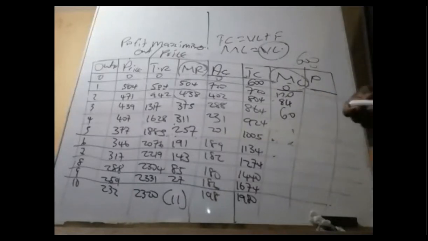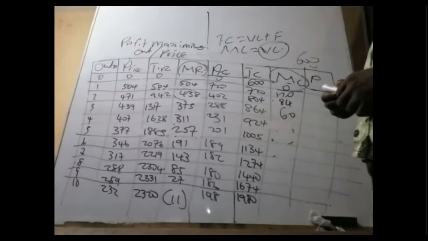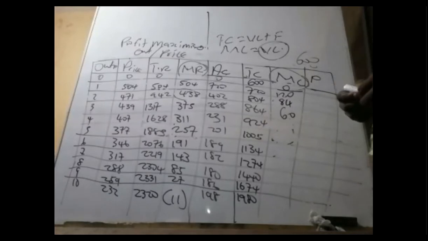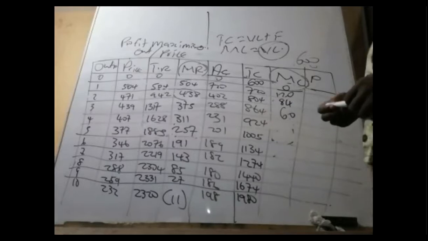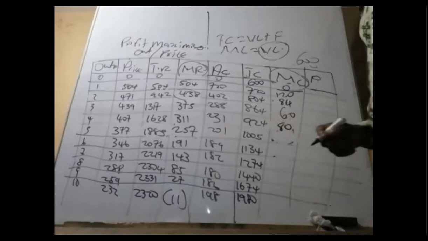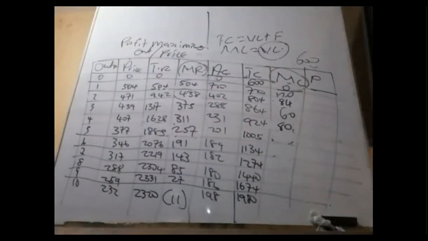The next one will be 924 minus 864. Another 60 again. I don't agree. What will be 80? So it will be 80, right? Agreed. Can you confirm for us?